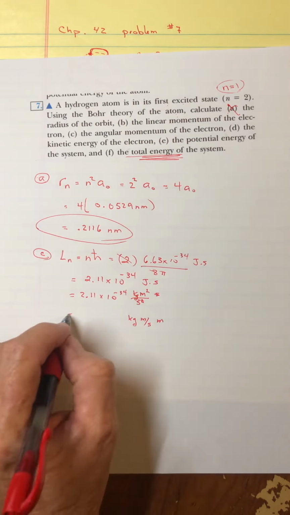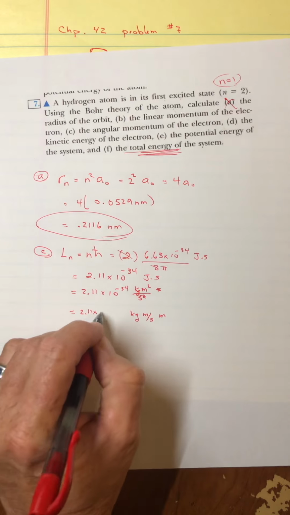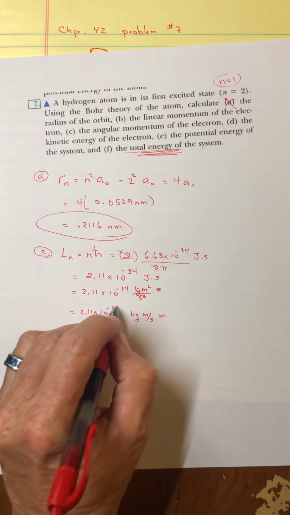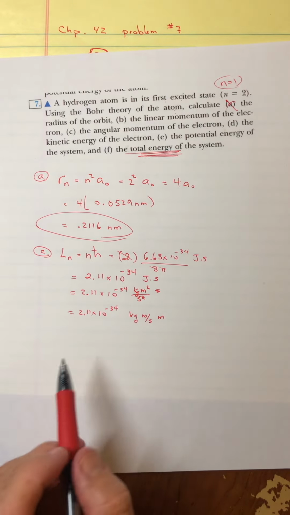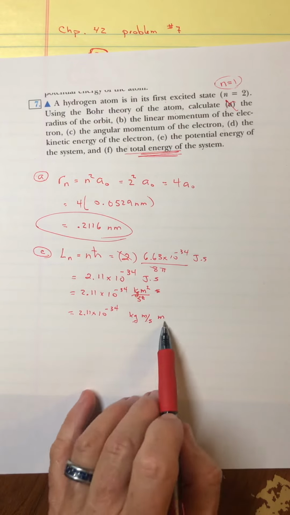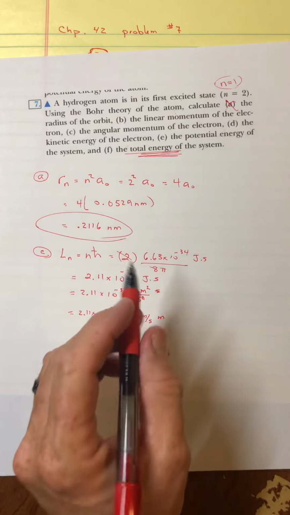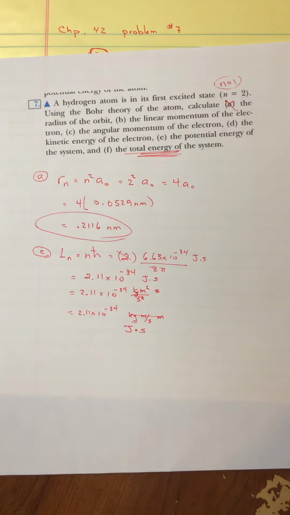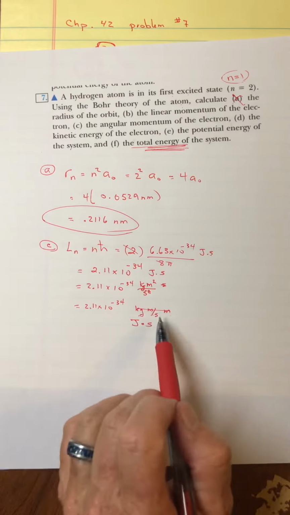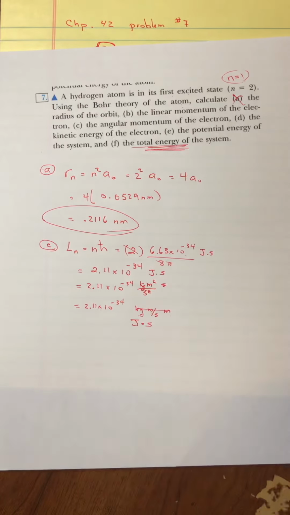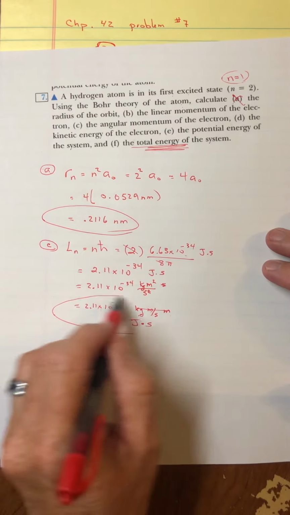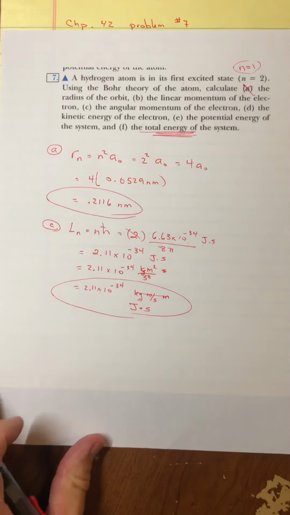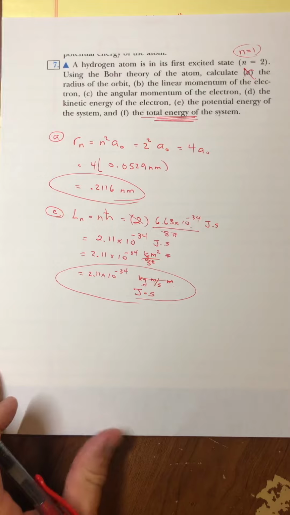And so that's probably how you wrote your angular momentum units in Physics 121, MVR. However, I prefer, and most people prefer at the quantum level, to call it a joule times a second, because it's in the units that are used for h and h bar. All right, so there would be the angular momentum.